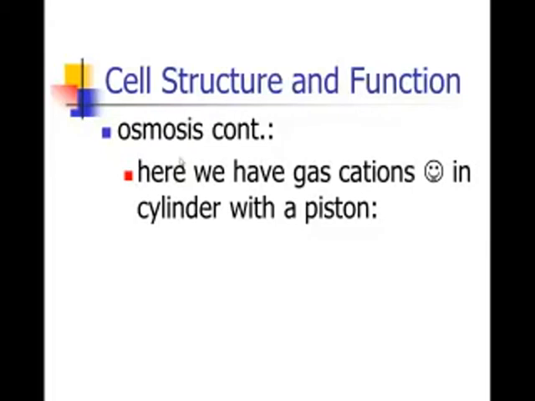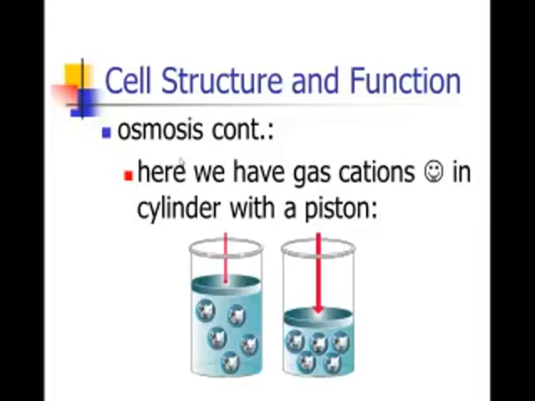So here we're going to have some gas cations in a cylinder with a piston. Now, we understand that this is not a liquid, but gases are a really good way to describe this, because I think you can kind of sense what's going on here. So let's say we have this cylinder, and we have 5 gas molecules. They're cations. You can see they're cations, right?